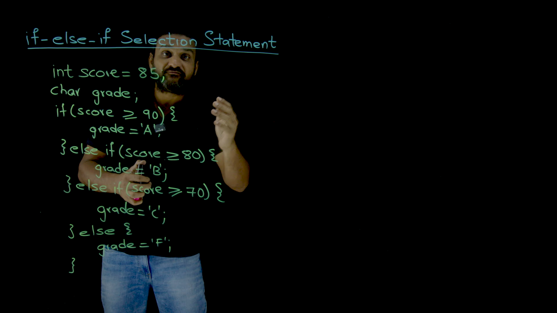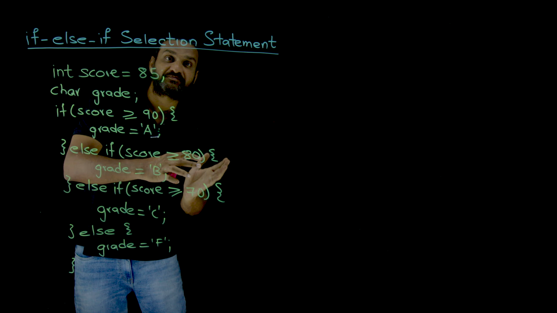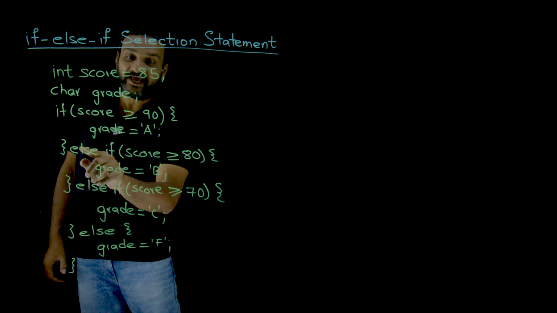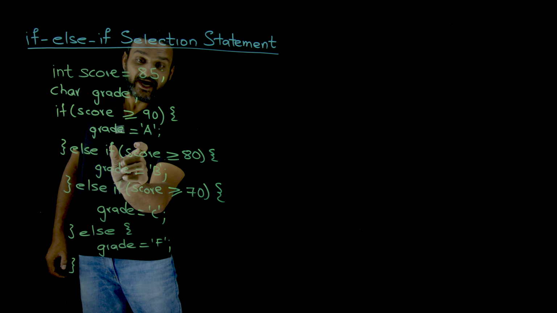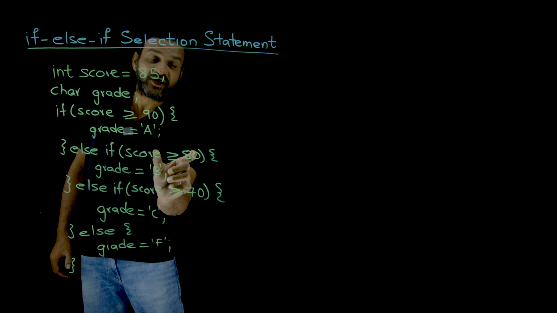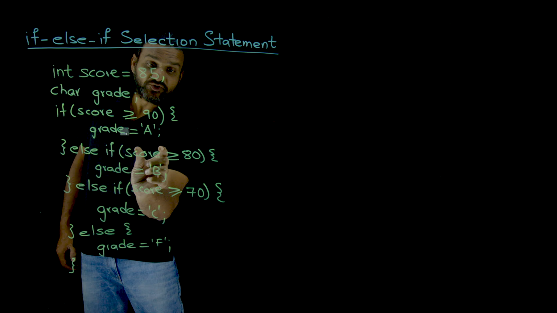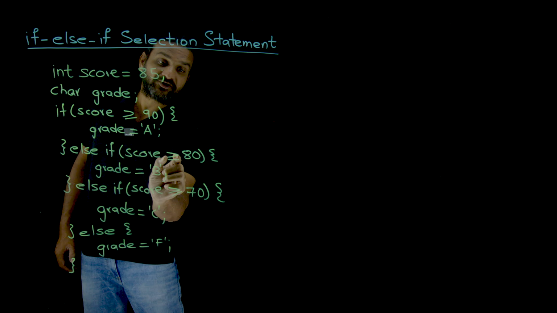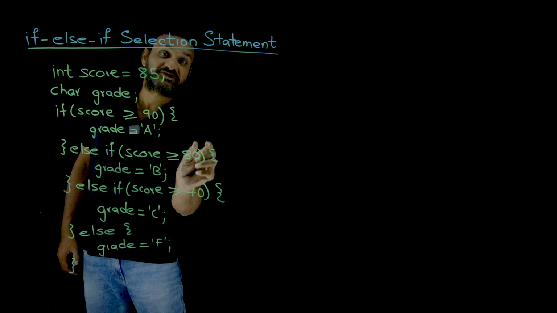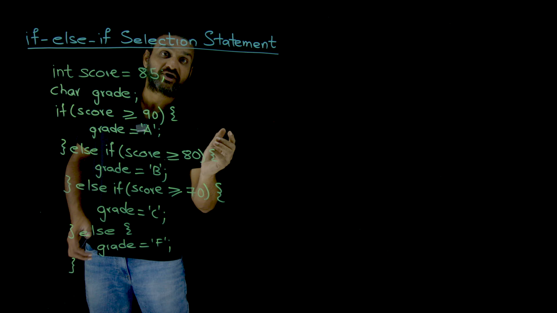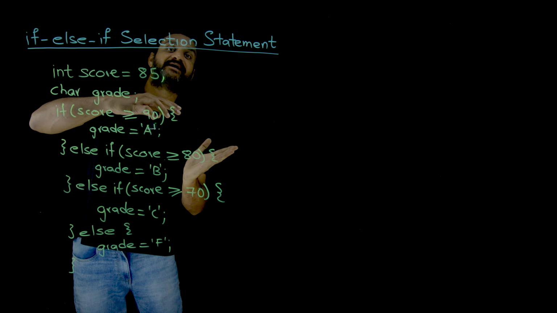Now, in order to have multiple options in our program, we have this else if statement, and within this else if statement, we are going to consider the second option. The second option is if the score of the student is greater than or equal to 80, which means the student's marks are in between 90 and 80.